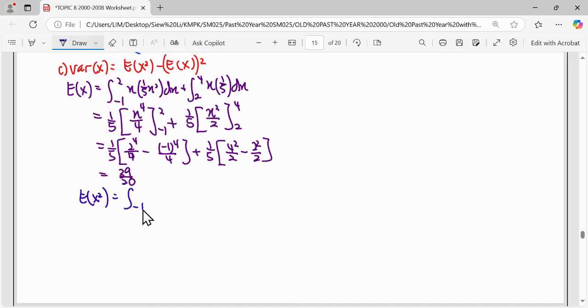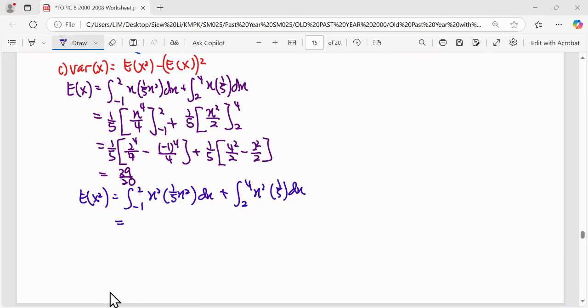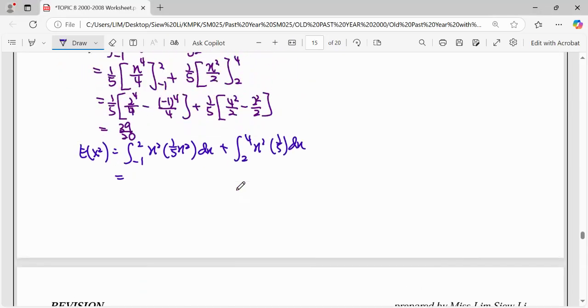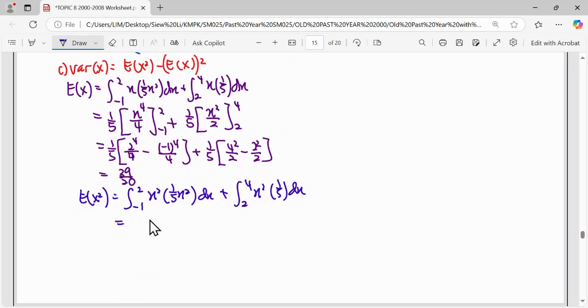EX squared will be integrate -1 until 2x squared times with the function plus 2 until 4x squared times with the function. Alright, so factorize our coefficient. This is x power 4 power plus 1 over new power, 1 over 5.